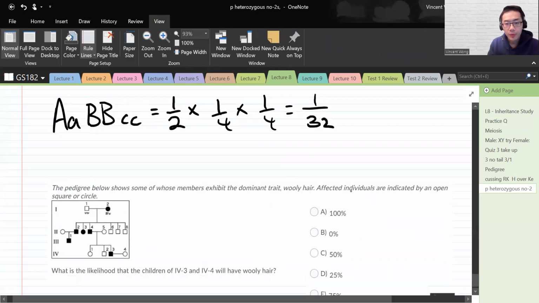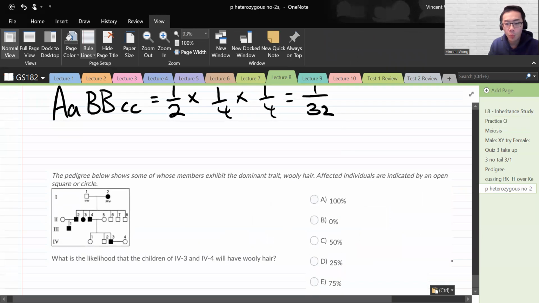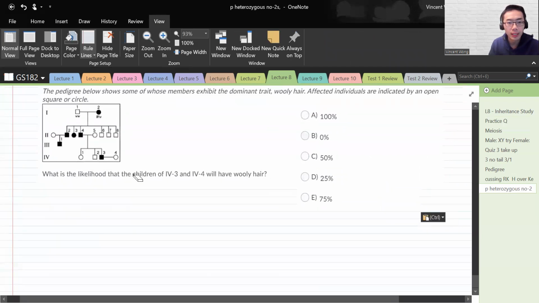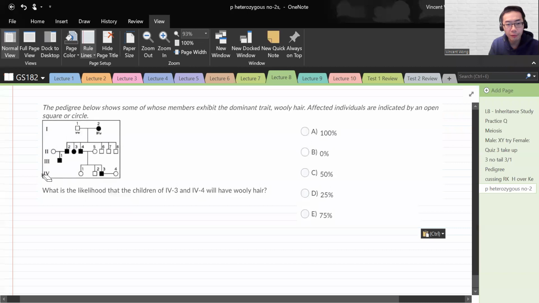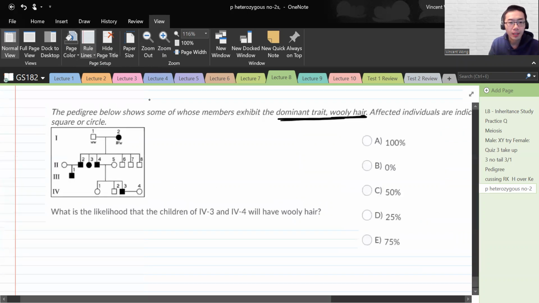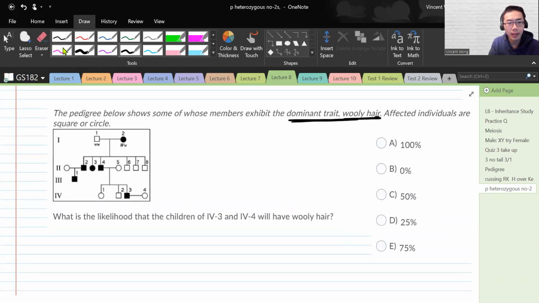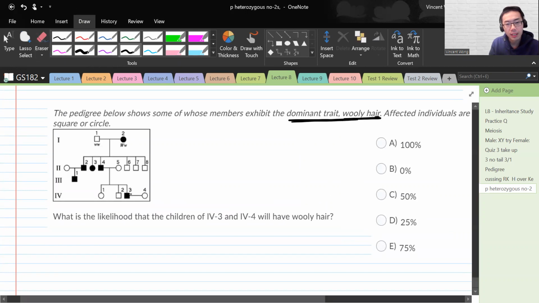So hopefully you finished reading it. What is the likelihood that the children of 4-3, that's this one, 4th generation individuals number 3 and 4, will have the woolly hair? Okay, so woolly hair is a dominant trait here. Let's take a look at their genotype.